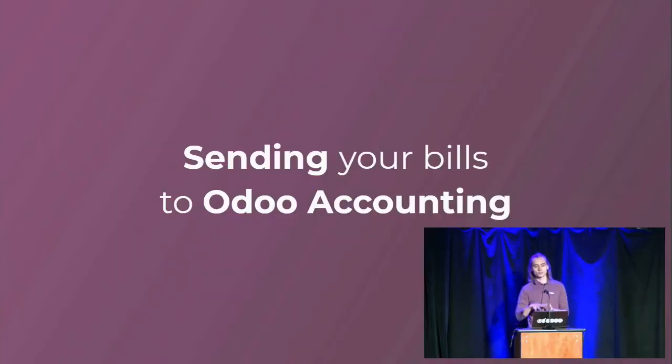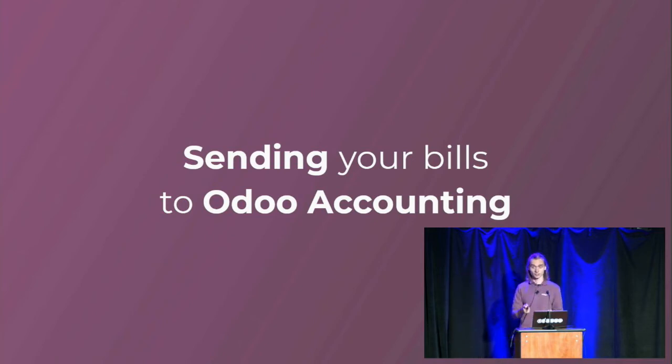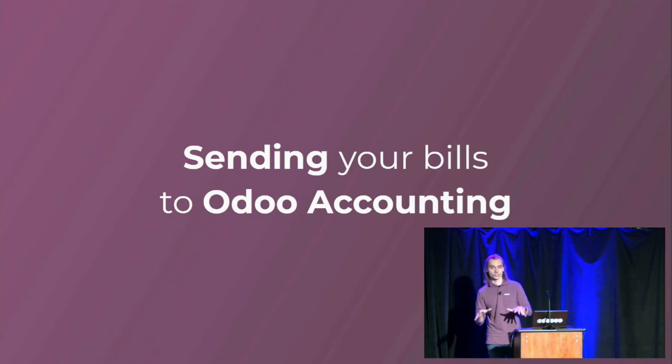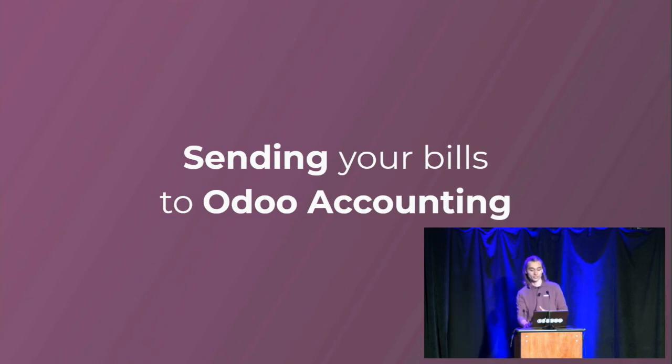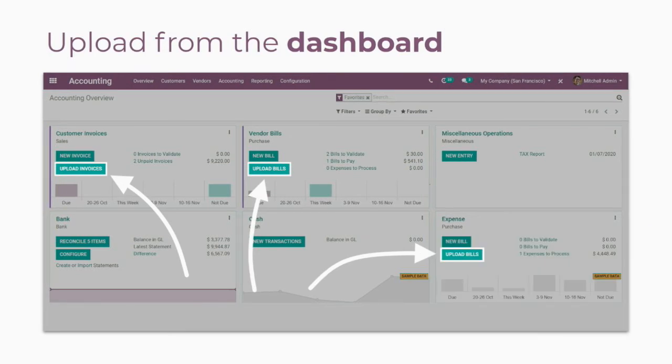Now, there's three big parts in actually pushing your vendor bills into the system. The first one is actually getting them there, right? Sending your bills into Odoo accounting. This is done by first, maybe from the accounting dashboard, uploading the files into the system directly. If you have them stored on your computer, from the accounting dashboard, you can see the different journals you have.